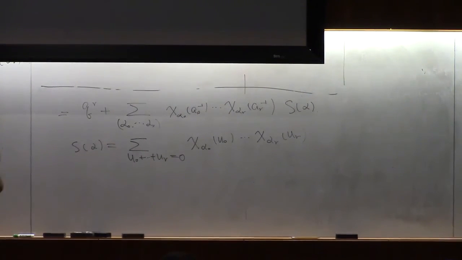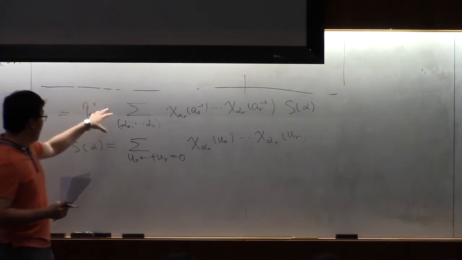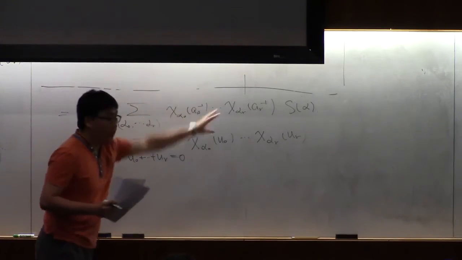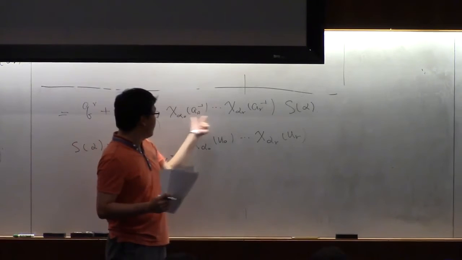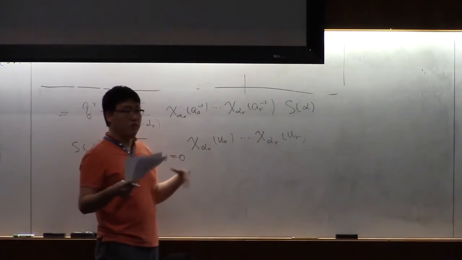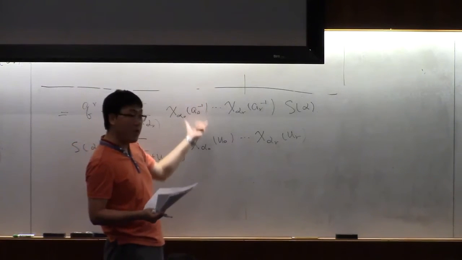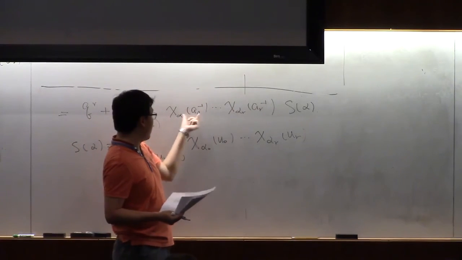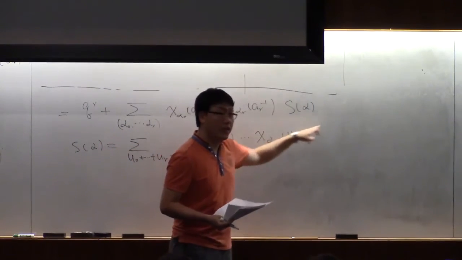Okay? So in other words, this is the thing we want to compute. We show that this number is q to the r plus a summation. If you analyze each of these summands, these numbers are just some roots of unity, so the absolute value for each of these numbers is 1. Then the remaining part is this S alpha.